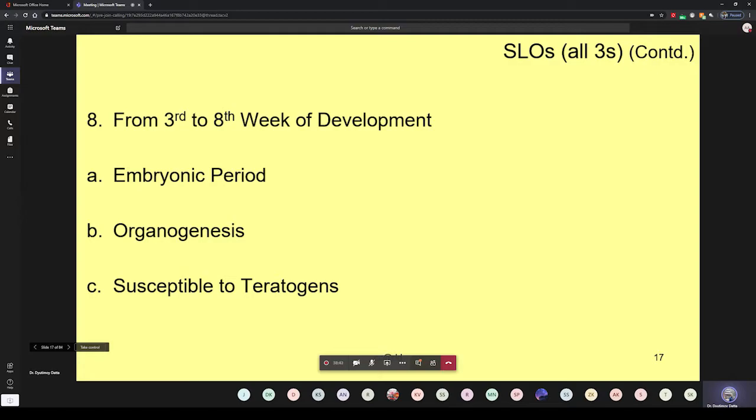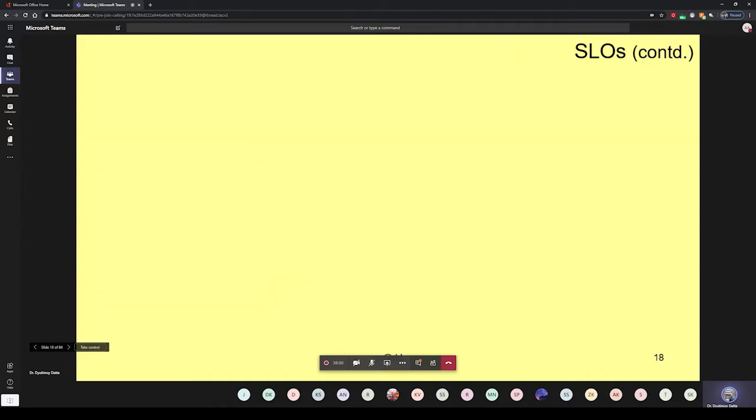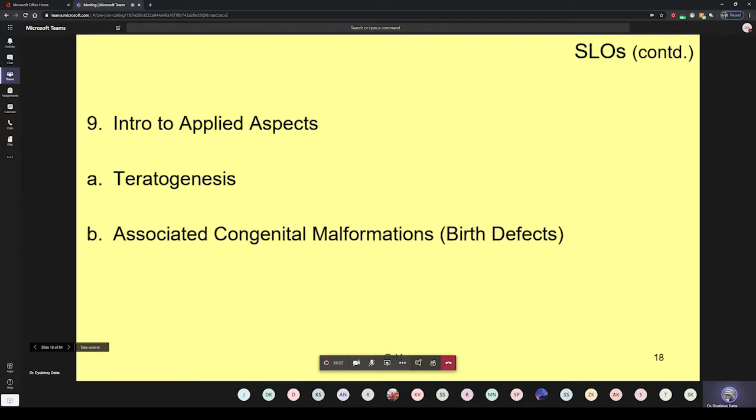If any disturbance occurs in this period, what you will be left with is teratogenesis, which means you end up with birth defects, called congenital malformations, plus embryonic death, and last but not least, placental and related anomalies, right? So, with this brief introduction, let us proceed to what we are supposed to be seeing.